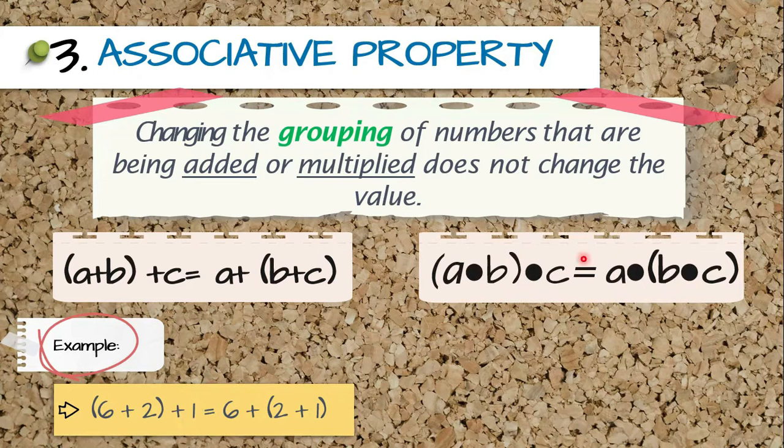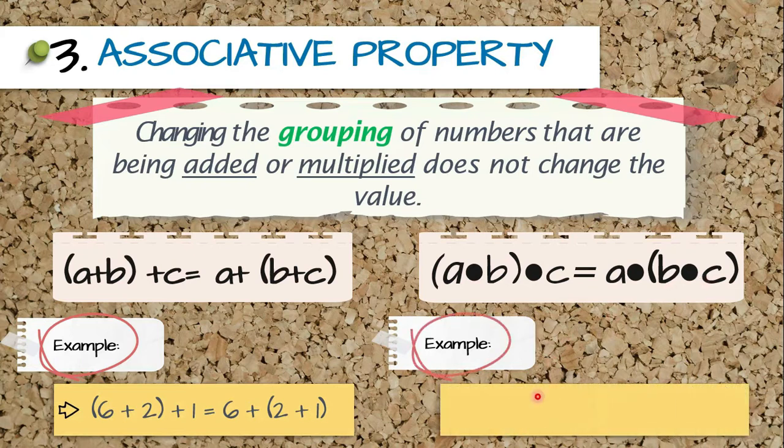For multiplication, we have quantity A times B times C is equal to A times quantity B times C. So, we have a grouping symbol again, which is parentheses. So, on the left side, we have first A and B, and on the right side, we have B and then C. Example, quantity 2 times 5 times 7 is it equal to 2 times quantity 5 times 7.